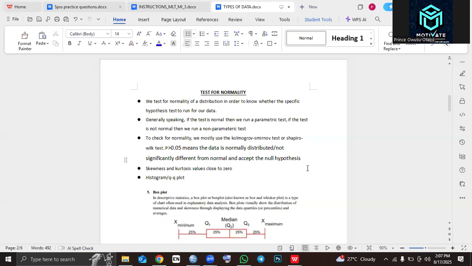Maybe you want to know whether X-ray films are repeated more in government hospitals than in private hospitals.